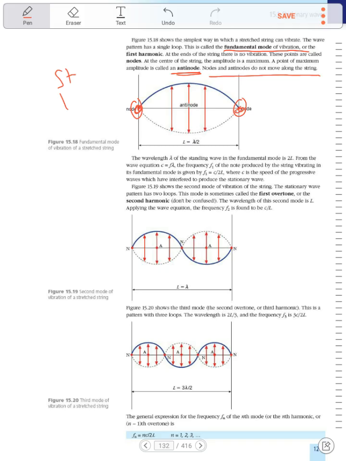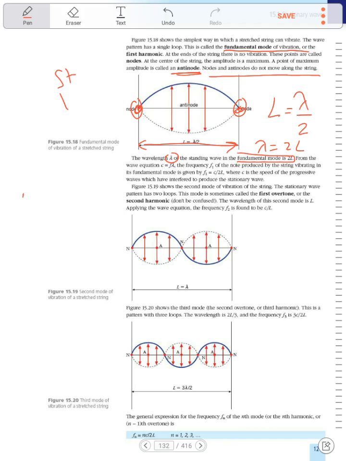Now, if the distance from here to here is the length of the string, L, and this string makes half a wavelength, then the wavelength equals 2L. The wavelength lambda of a standing wave in the fundamental mode is 2L.